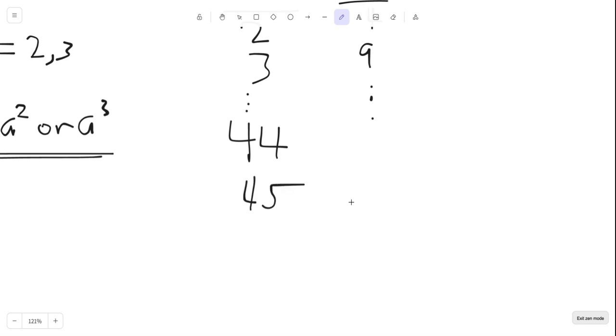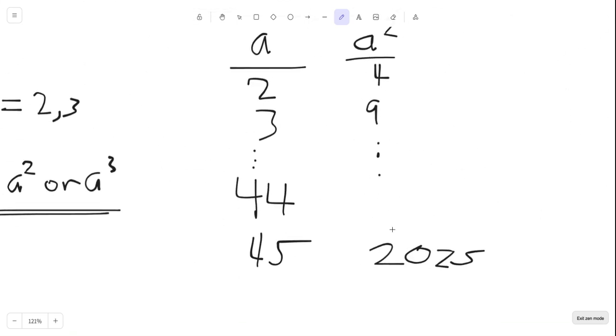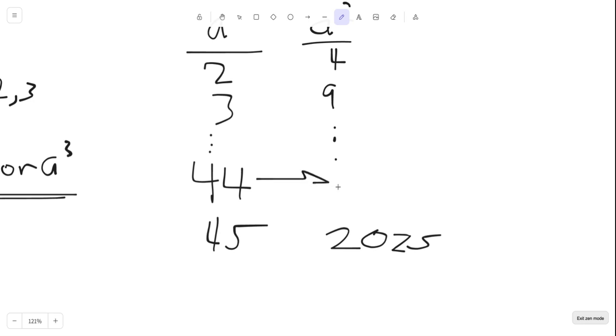All right. So when it hits 45, we'll have this being greater than 2005. And then 44, that's going to give us 1936.